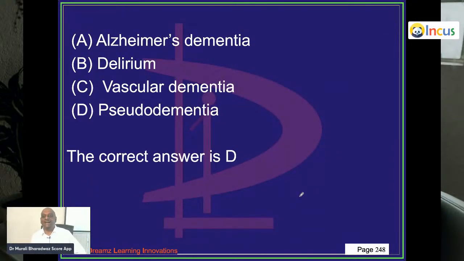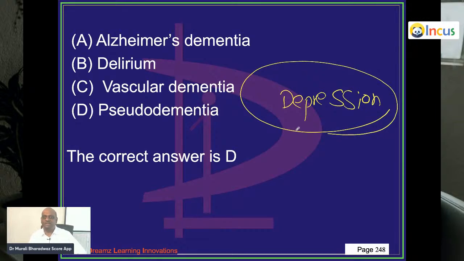Pseudo dementia. So when you are preparing for NEET PG, what is the word you should forget? You should never talk about depression. Ideally, in our life, we should never talk about this word. Until the last breath of life, we should be happy, maniac, impulsive, ready to do something, or in a good balance. No depression. If you are depressed, you will forget.